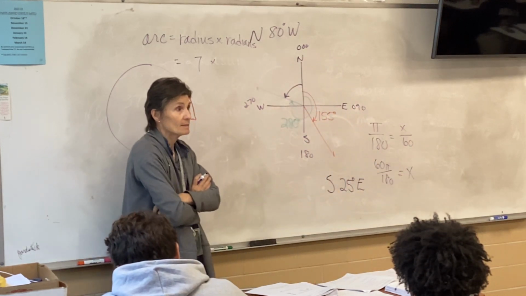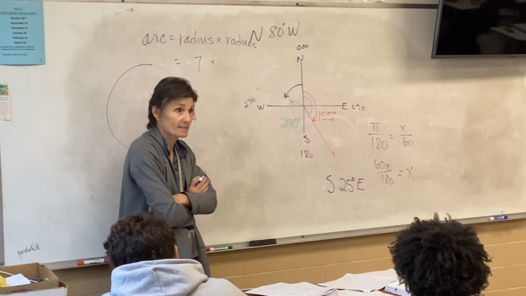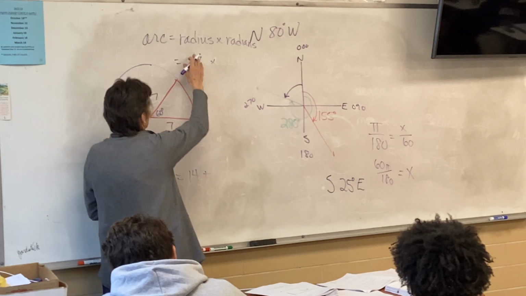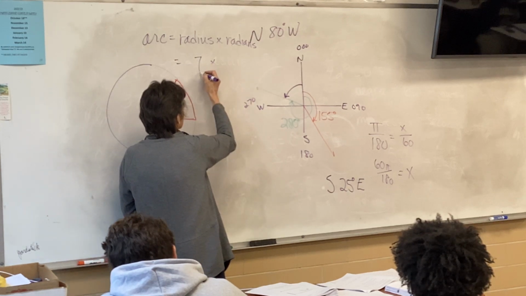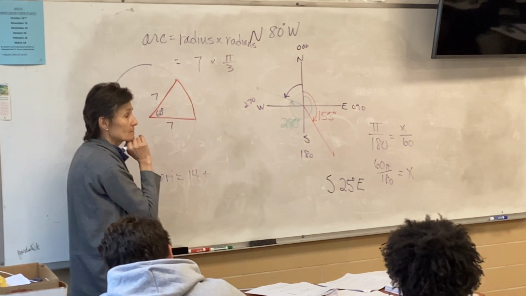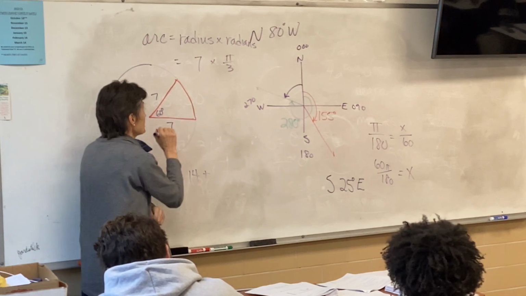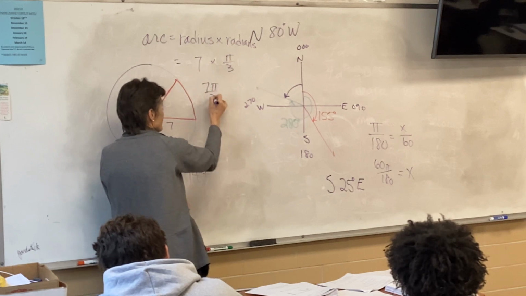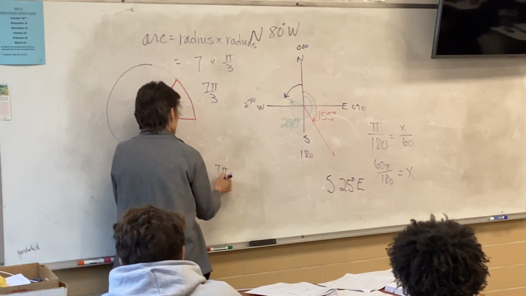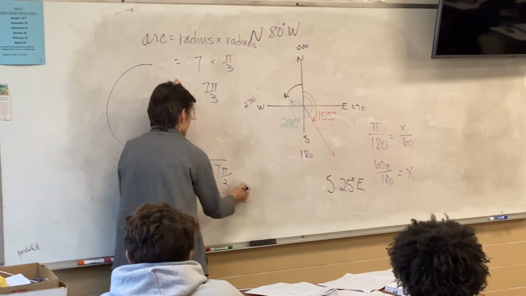If pi is 180, then 60 would be a third of that. So your radius times radians is 7 times pi over 3, which is 7 pi over 3. There's the perimeter of that piece of pizza.